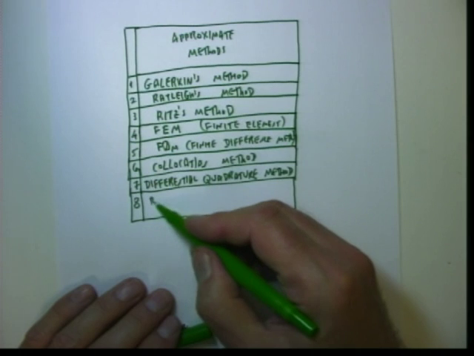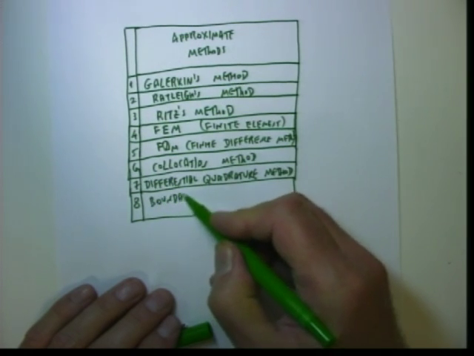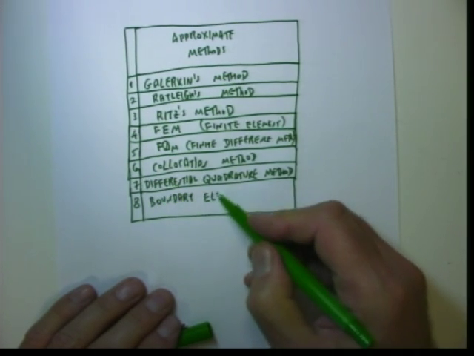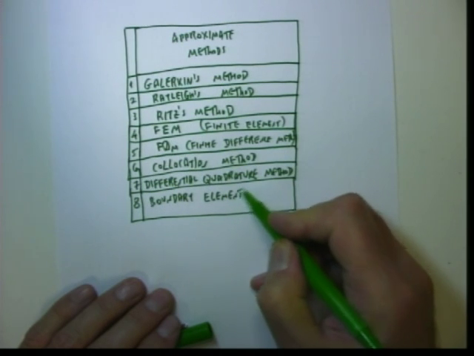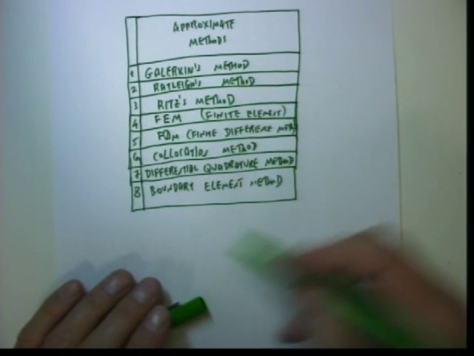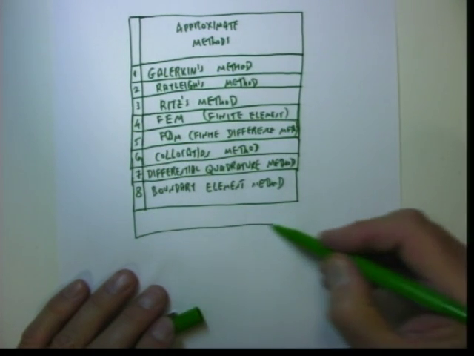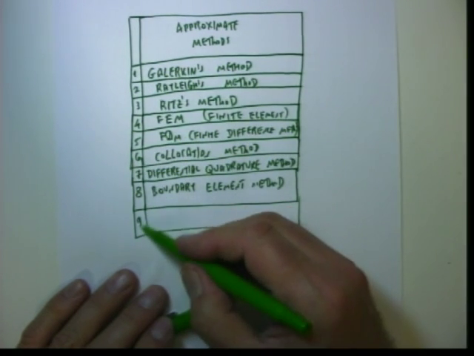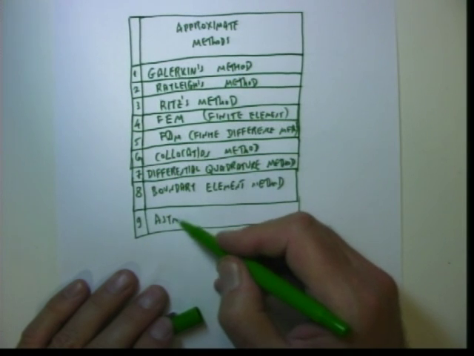And then boundary element method. Asymptotic method.